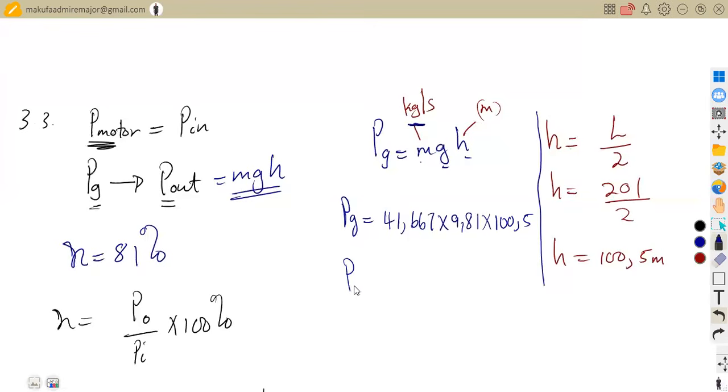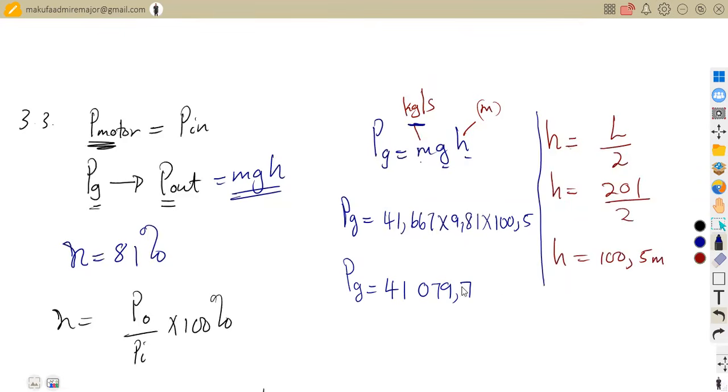So meaning to say we shall have our PG as 41,079.70 in this case, which is in watts.